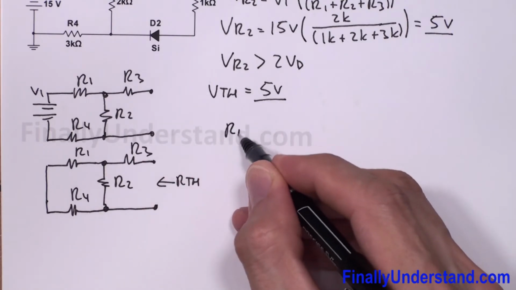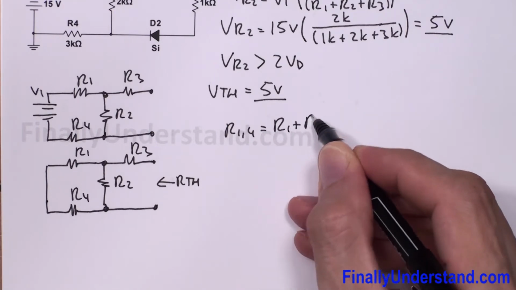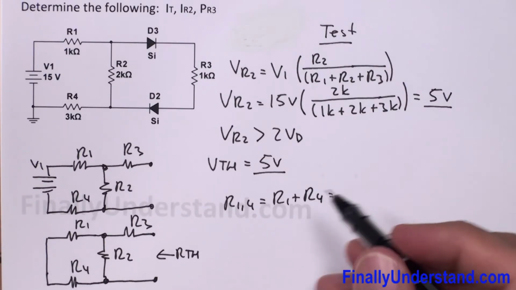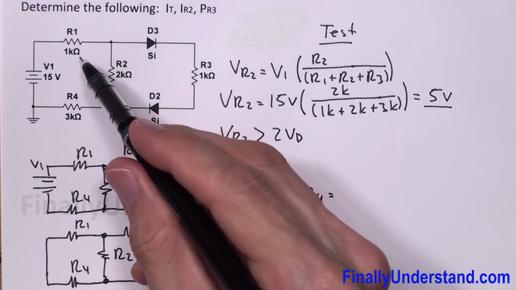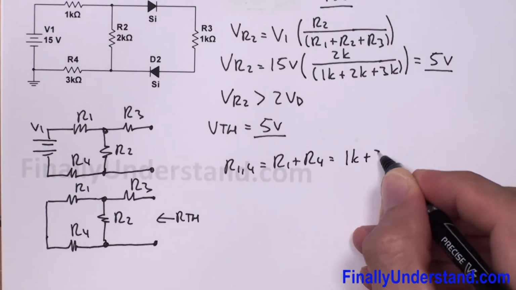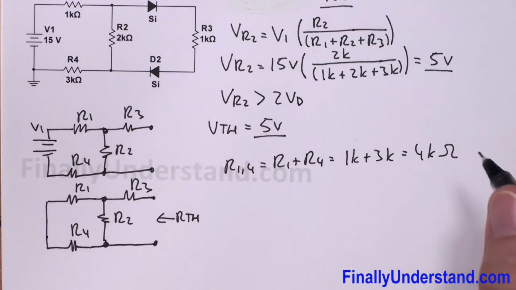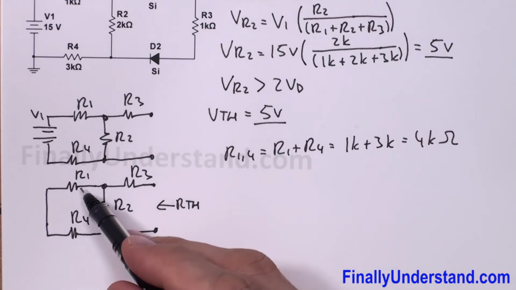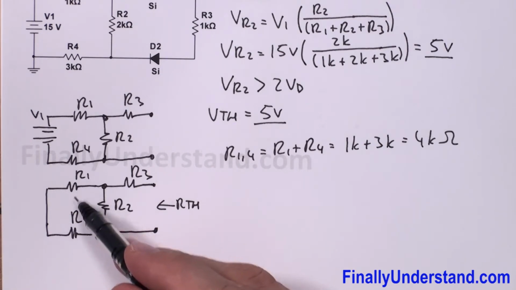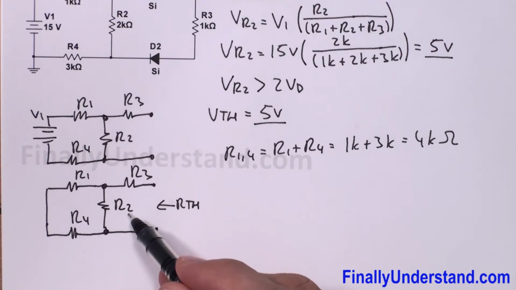So R14 is equal to R1 plus R4, so R1 is equal to 1 kilo ohm plus 3 kilo ohms. So 1 kilo plus 3 kilo is equal to 4 kilo ohms. Now the resistance R14 is in parallel with R2.